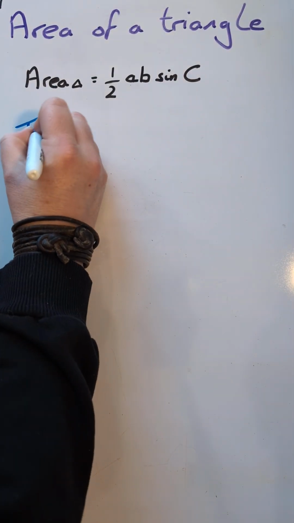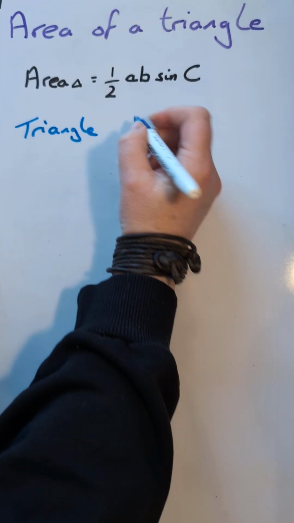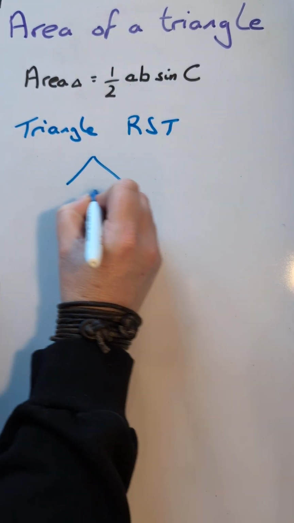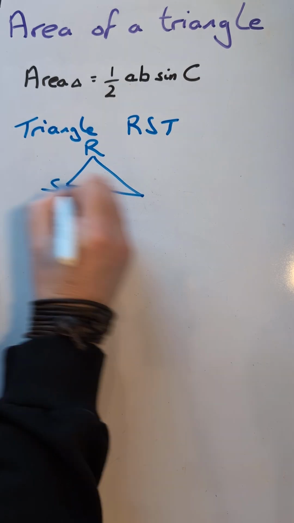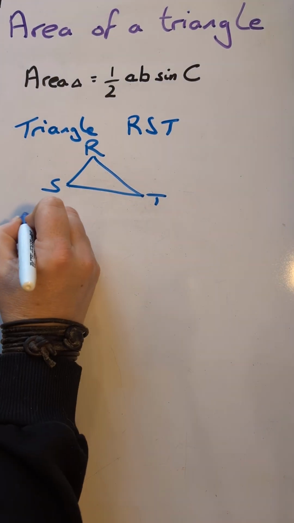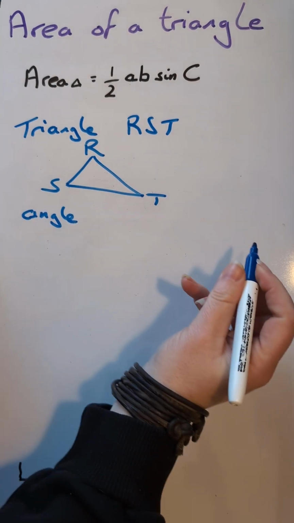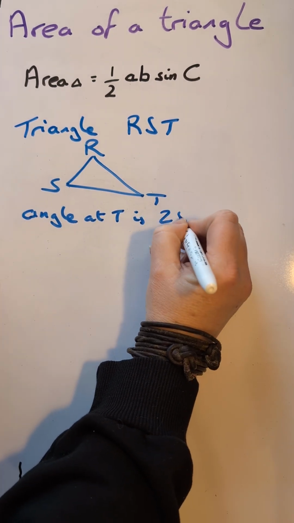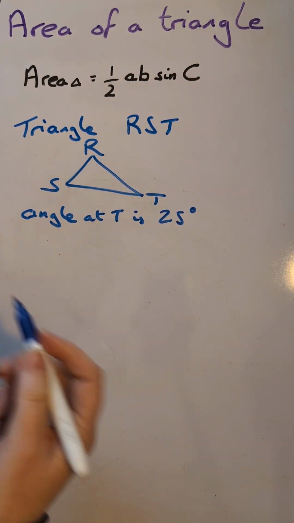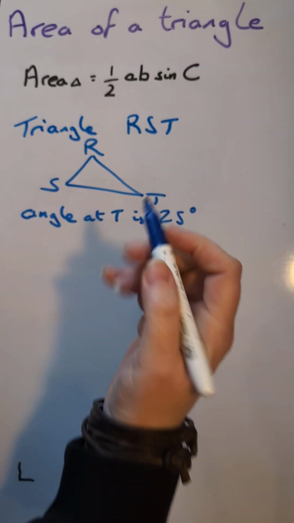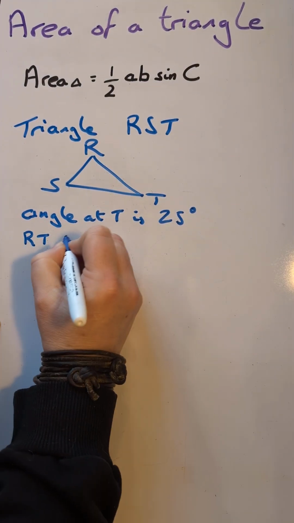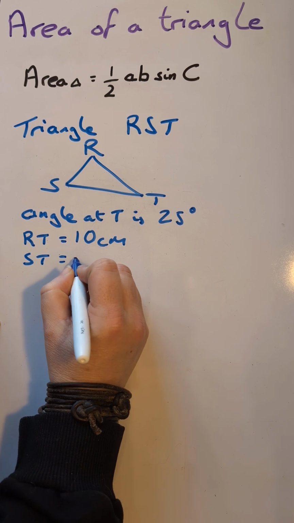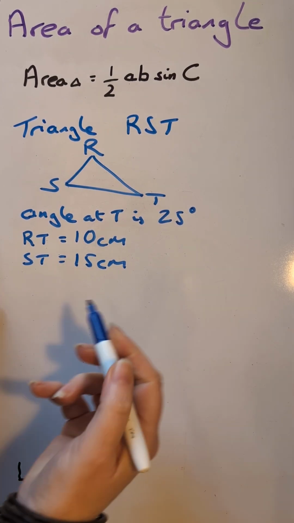If we have the triangle RST, and we're given the angle at T is 25 degrees, and we are told that RT is 10 centimeters and ST is 15 centimeters.